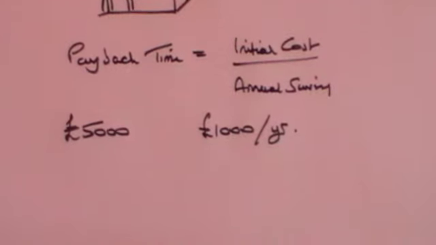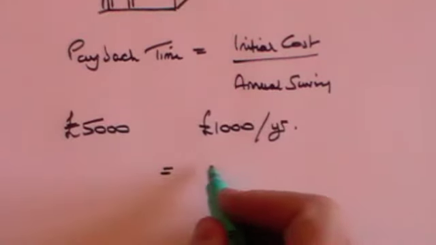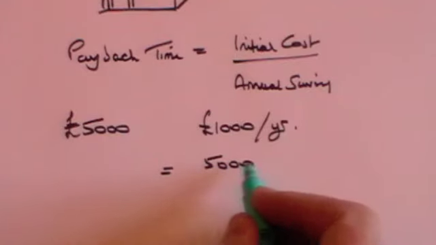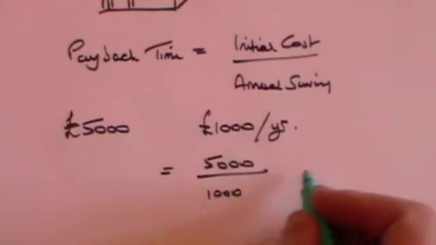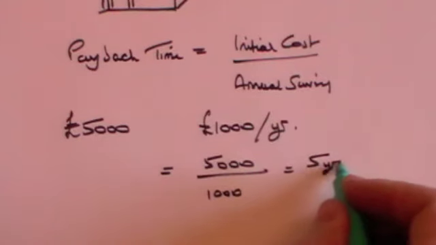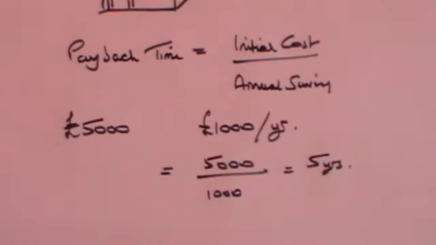Then the payback time would equal the initial cost, which is £5,000, divided by the annual saving, which is £1,000, and that's 5 years. So it would take 5 years just to break even.